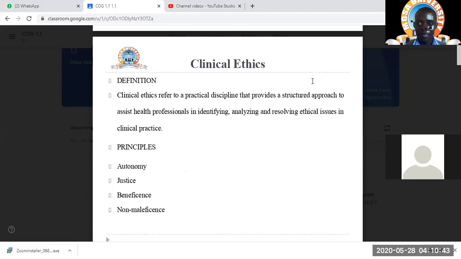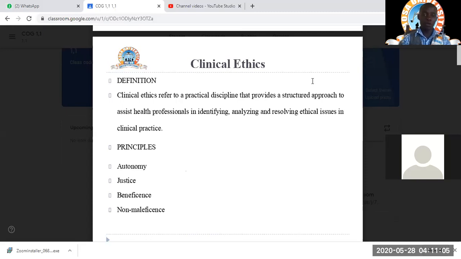What this means is that as one practices medicine, sometimes they may be faced with a moral dilemma in which one is required to solve a difficult problem in real life. For instance, an issue to do with a patient that is not happy. Or let me give an example of a surgeon.